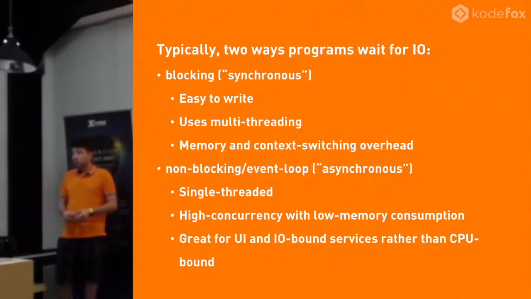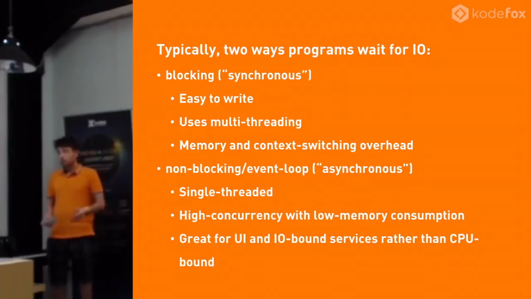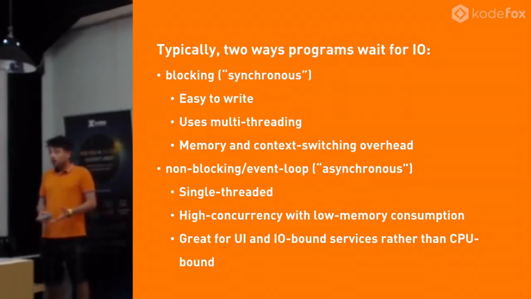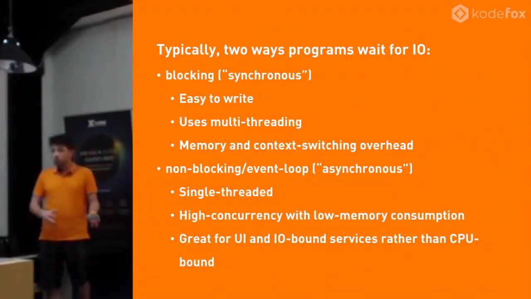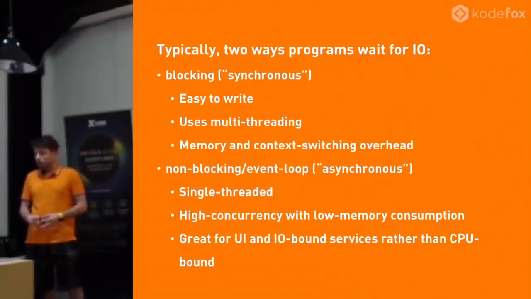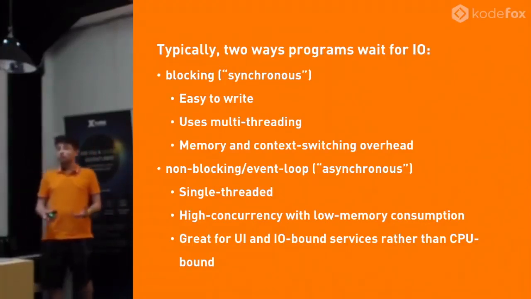It's easy to write because you write everything sequentially. However, there's a memory overhead because every thread requires memory, and there's context switching, when the CPU switches between the threads, so there's overhead there.